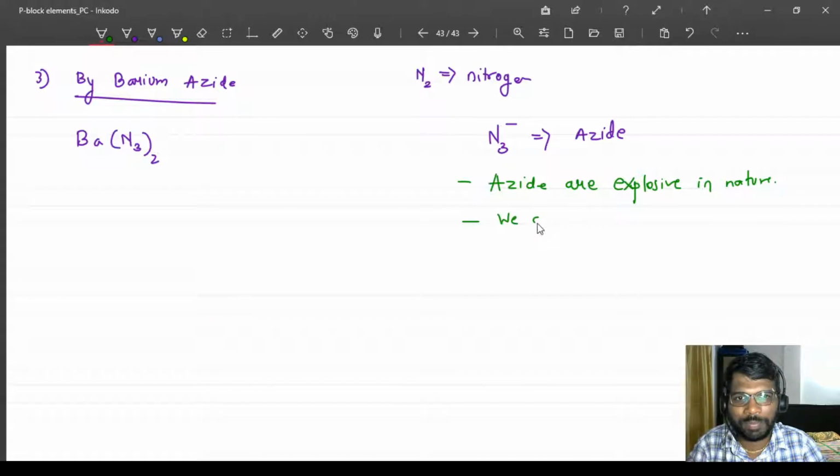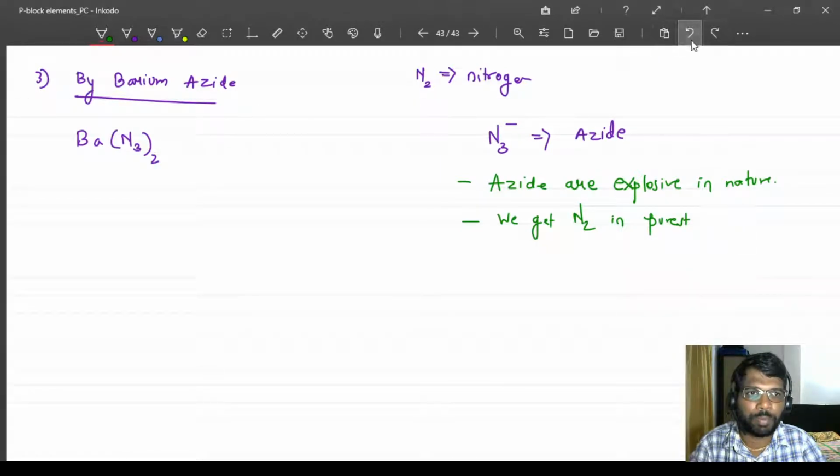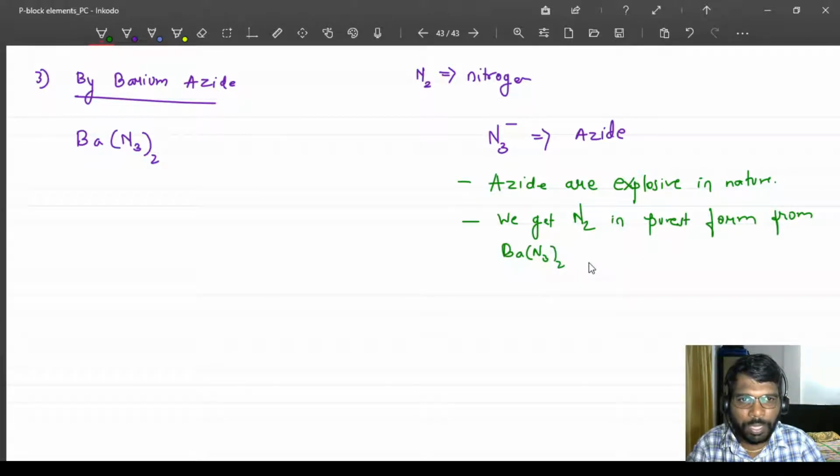We get N2 in purest form from BaN3 2, or we can also use sodium azide, NaN3. So for barium we require 2 times N3.